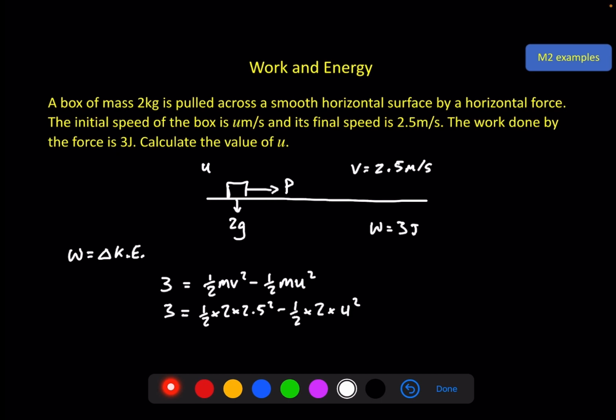So it's just a case of rearranging the equation, which gives us u squared is equal to 13 over 4. So u is equal to root 13 over 2. And that is the speed, so that's meters per second. 1.80 in decimal form.